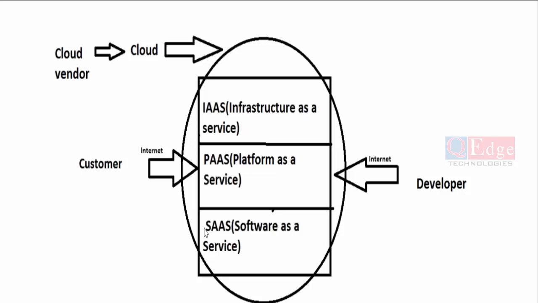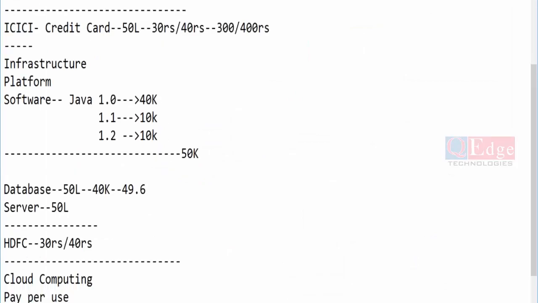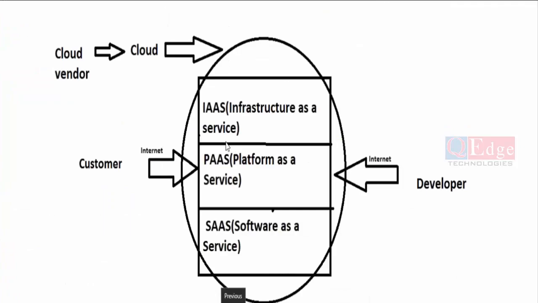There is one important thing we have to remember. Another important thing is you need not purchase the server, software, and database individually. When you purchase a license, by paying $100 per user or per license per year, you will get the database, the server, and the software.